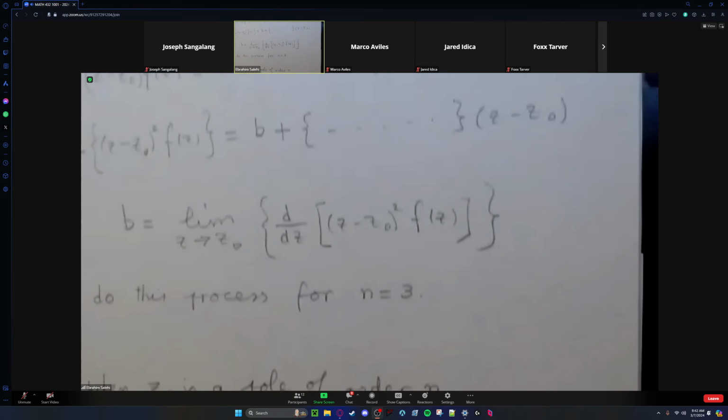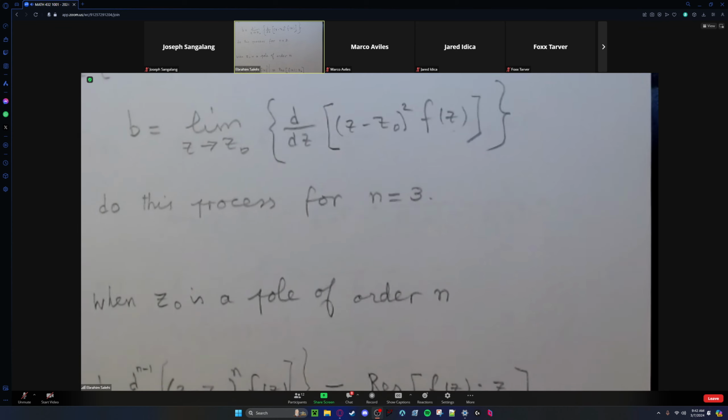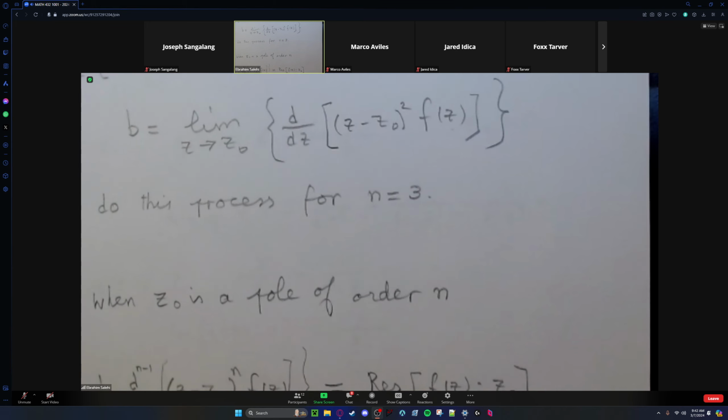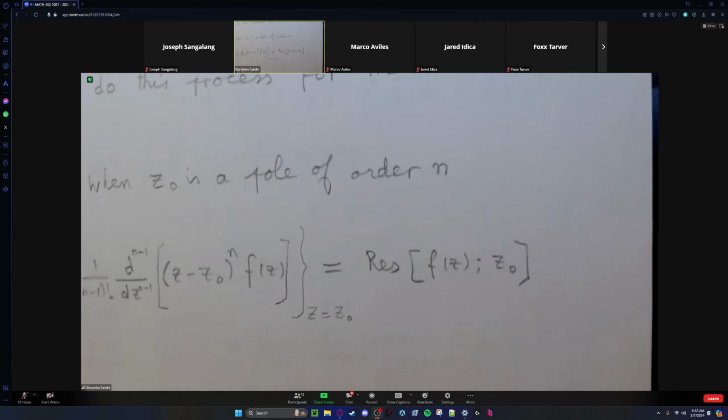And for a pole of order n, it requires n minus 1 derivatives, all right? So here is what we do when we have a pole of order n. That formula is a little bit confusing, but please review for n equal 2 and do it for n equal 3 by yourself to get a feeling for why we need such a thing.